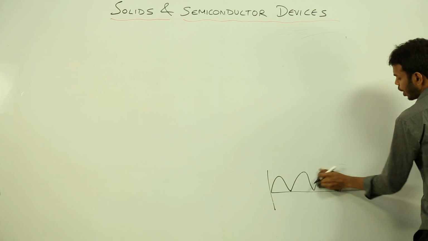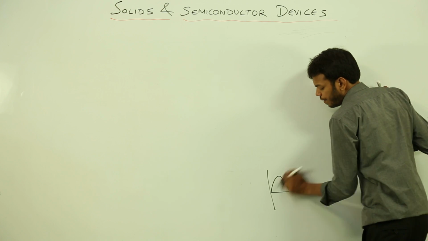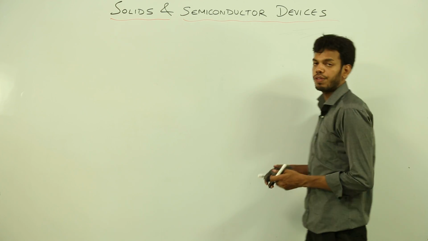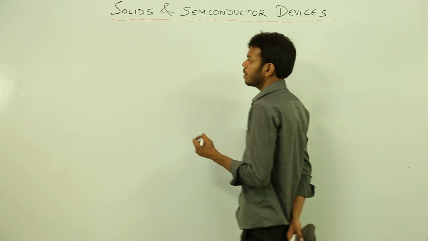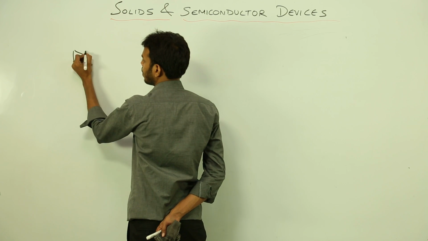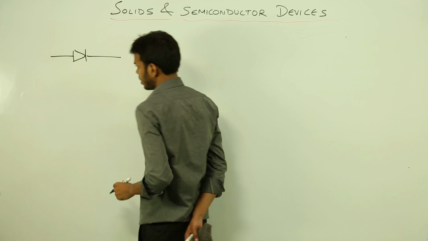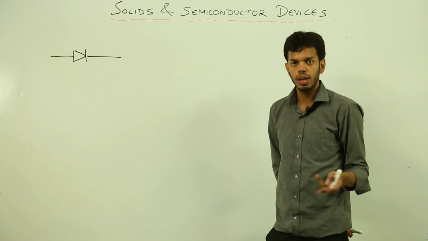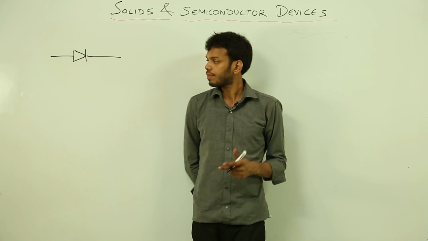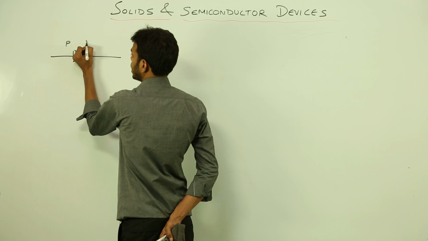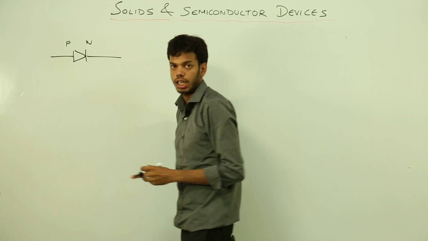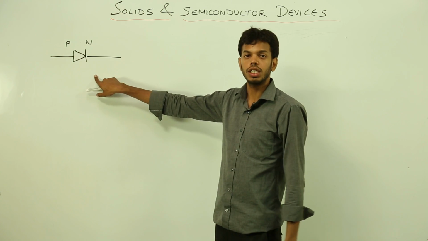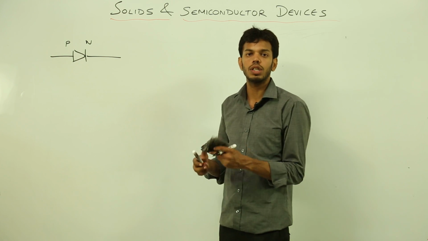Till this point I have told you only one thing, that if you connect positive part of the battery to P side and negative part of the battery to N side, that means it is forward biased, true. But in other words, when this P part is at higher potential and N part is at lower potential, that also means that diode is forward biased.